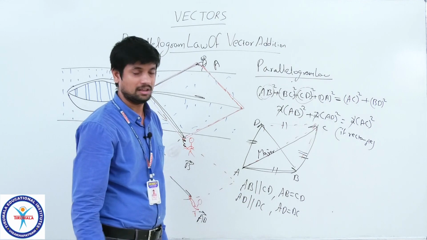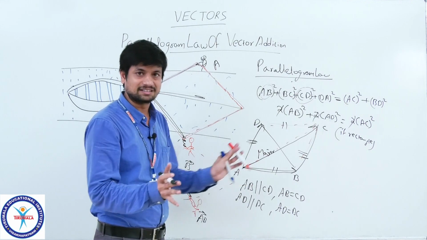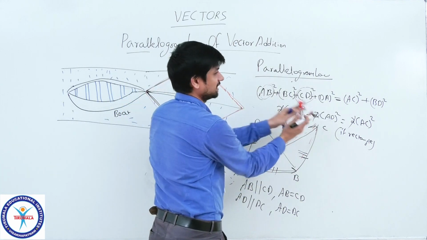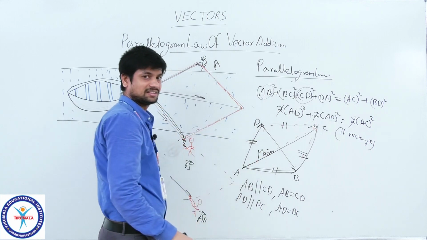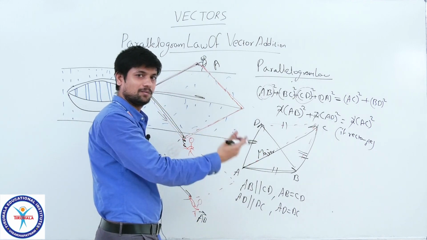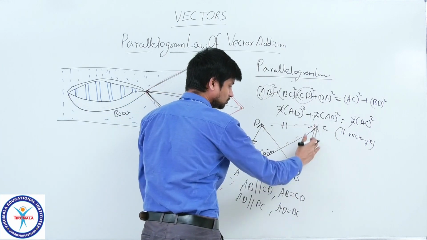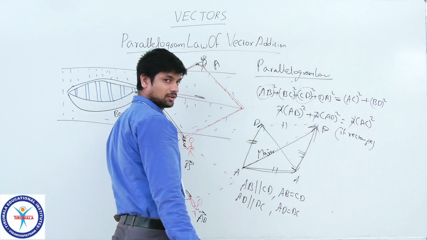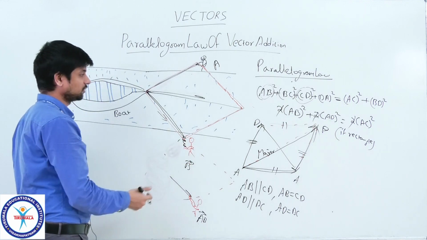But mathematically we will derive how this diagonal represents the resultant. Two vectors are in this way, how is this the resultant? Simply bring this one, AD. I said before we can drag a vector anywhere without changing its orientation. So AD can be written here, so you can see the resultant closes the side.